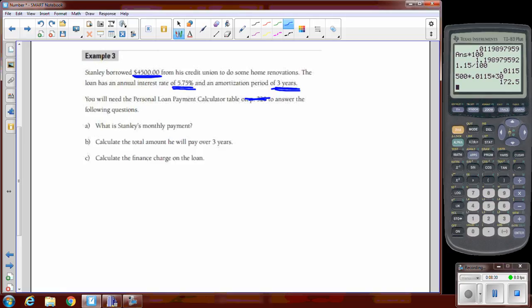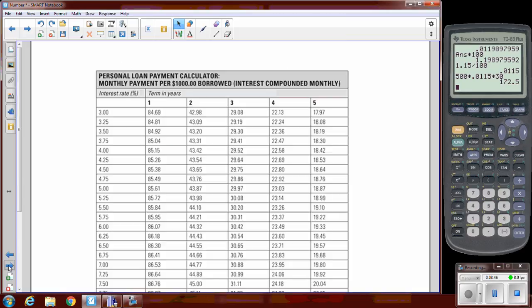And it's saying if he borrowed the $4,500 at 5.75% for 3 years, what will his monthly payment be? So this is question A. And this table you're going to need for your assignment as well. So on the next page, we have this table. And the question is saying that he's borrowing 5.75%.